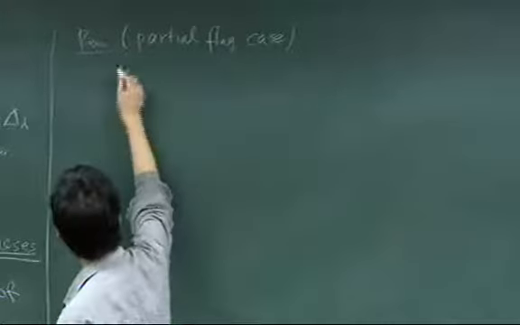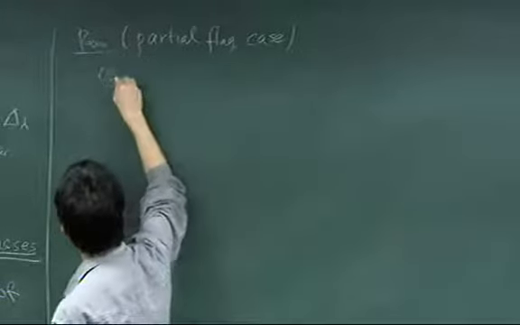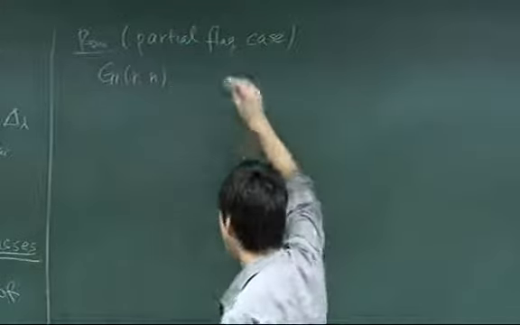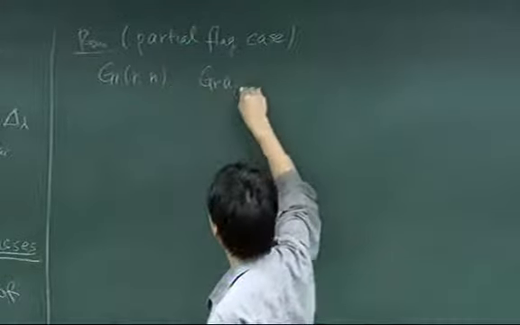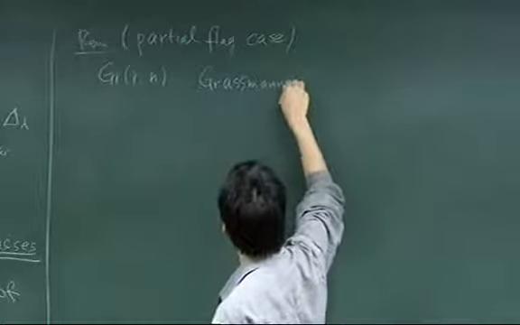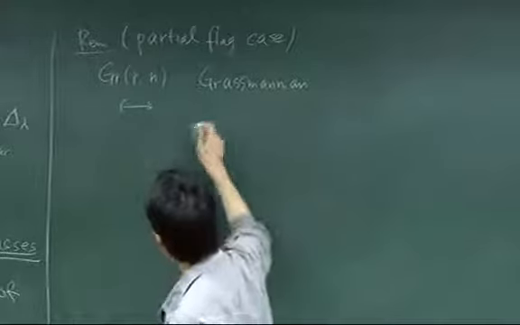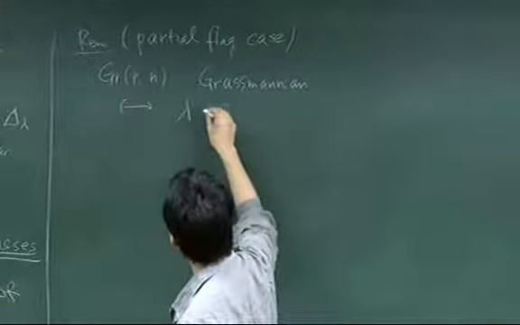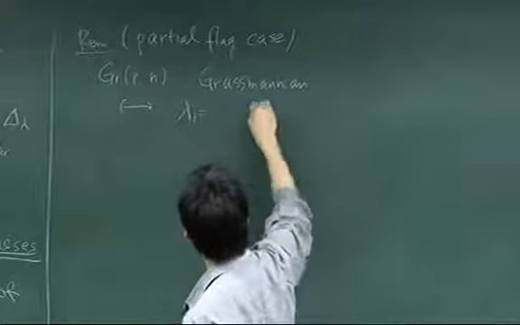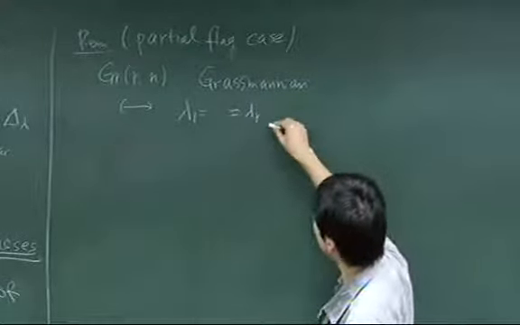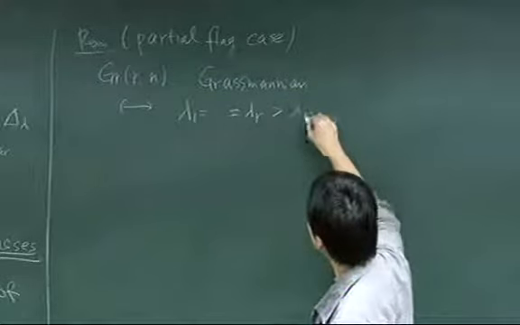For simplicity, we consider the case of Grassmannians. Then this corresponds to the co-adjoint orbit with lambda satisfying this condition.